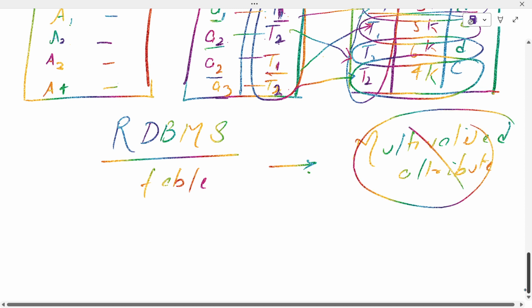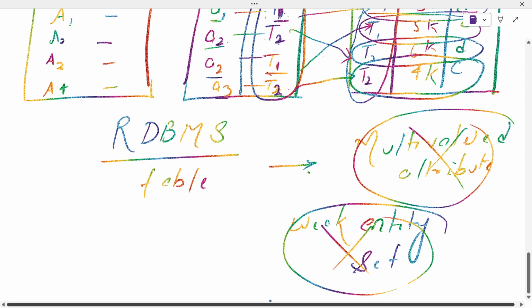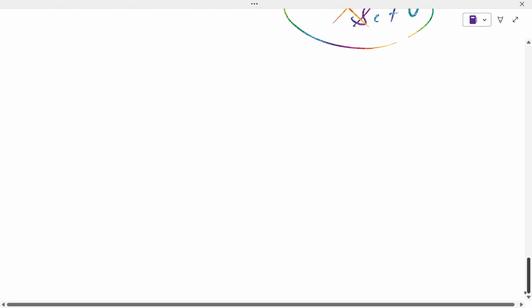And also the weak entity sets are not allowed. So these can only be represented in an ER diagram but not in an RDBMS table design. So this is one difference between the ER diagram and the RDBMS relation, because in an RDBMS relation, the weak entity set and the multi-valued attributes are not allowed, right?